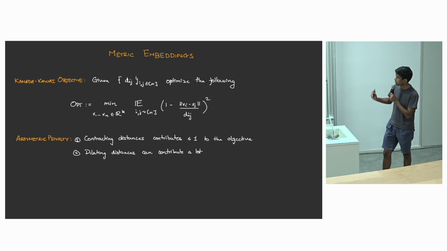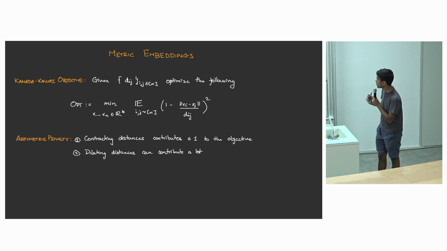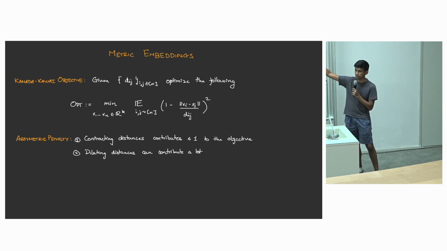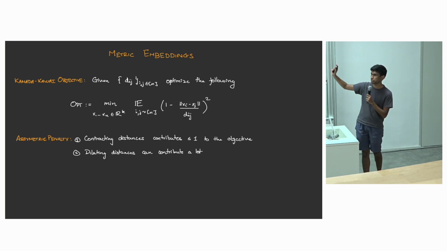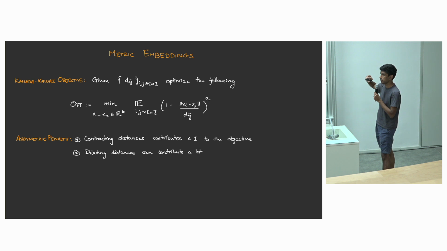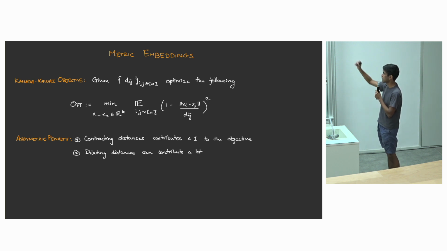This enforces some asymmetric penalty on the embedding. Let's look at this distance. First off, it's not a worst case thing over all pairs. I have some expectation over pairs i and j. And furthermore, I'm not just going to look at the ratio of the distances. I'm going to look at something slightly different.